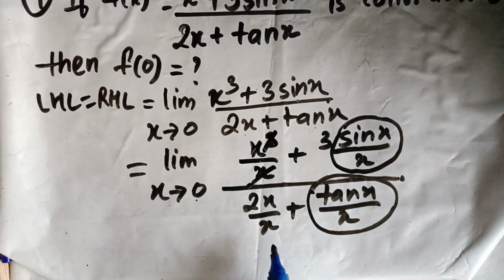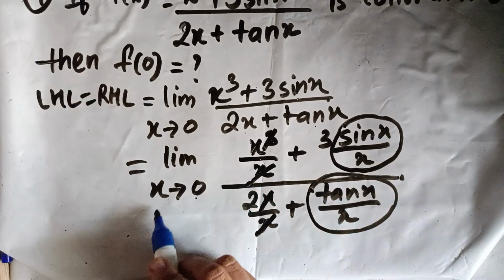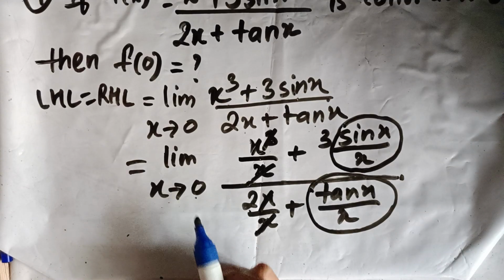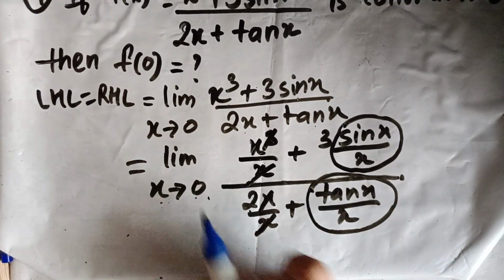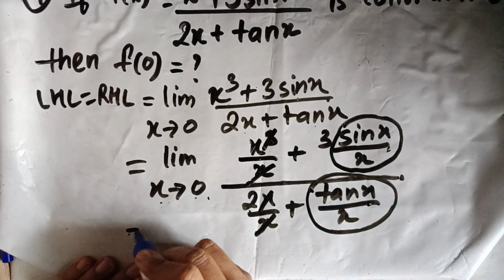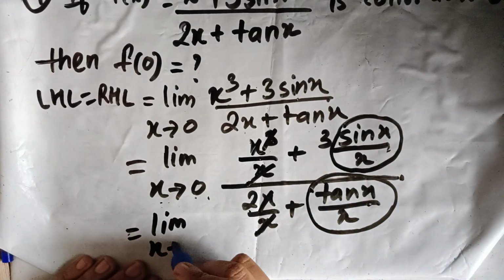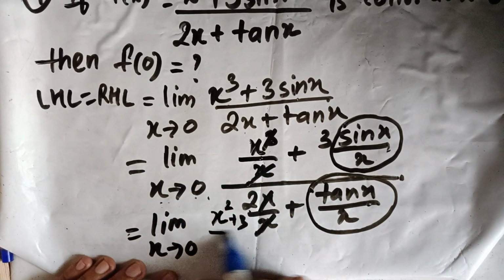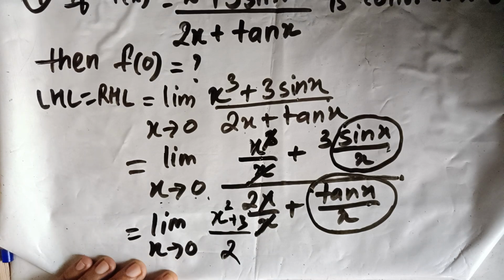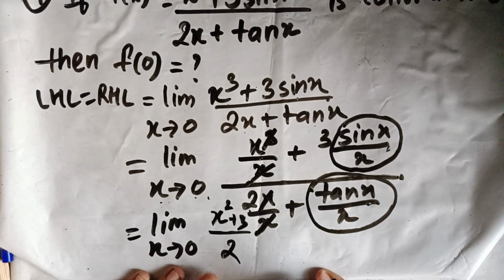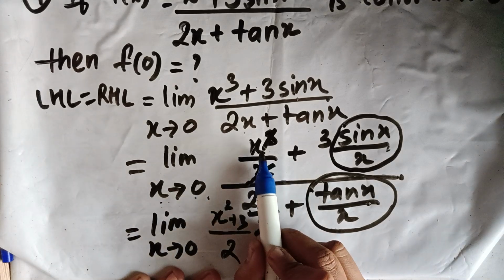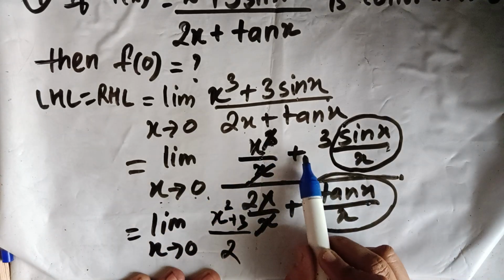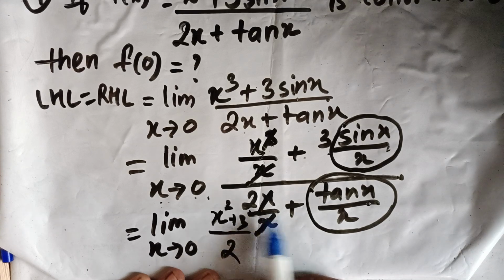This is x squared and this is 2. So I will not write here x tends to 0. Okay. I'll write only x tends to 0 for these two things. So I'll get here limit as x tends to 0, x square plus 3 upon 2 plus 1.